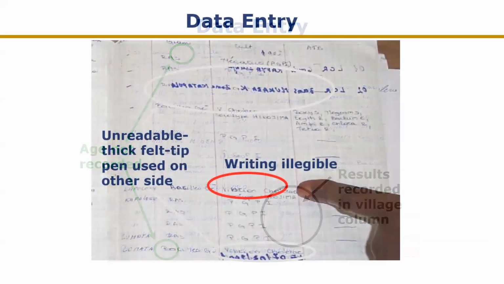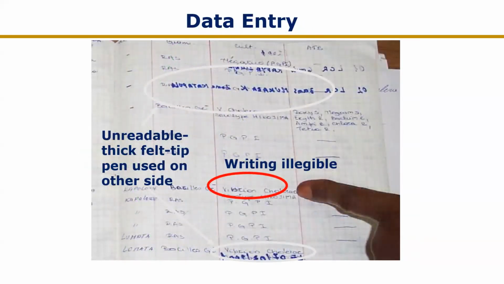This is another example where the writing is not legible. And again, it is a challenge. How do you make sure that the writing is legible consistently? And we know that our writing differs.